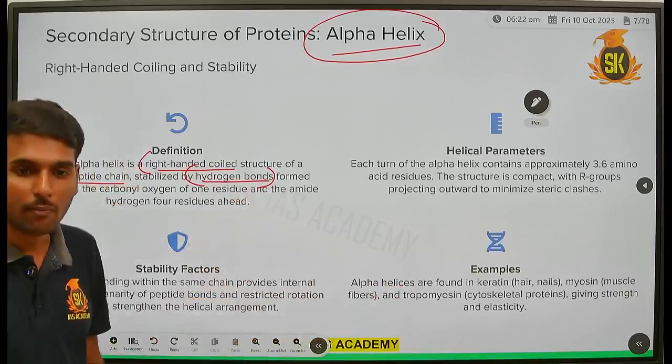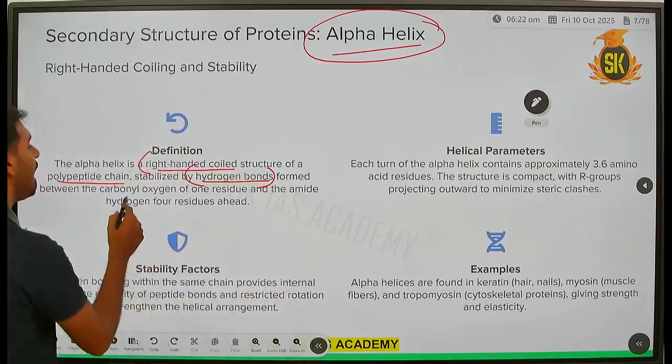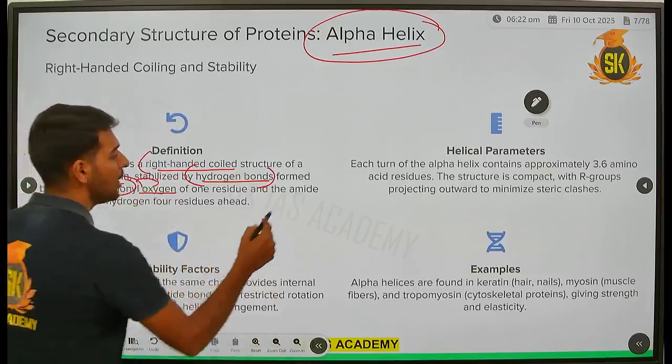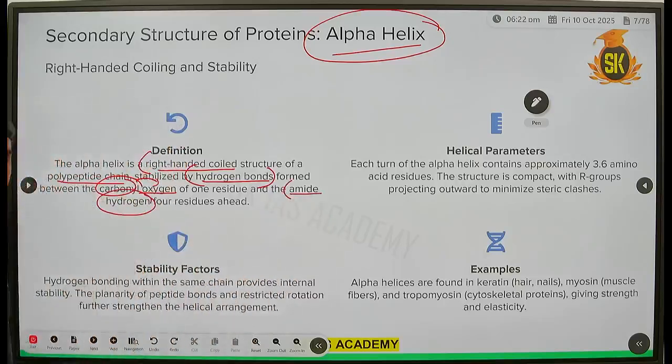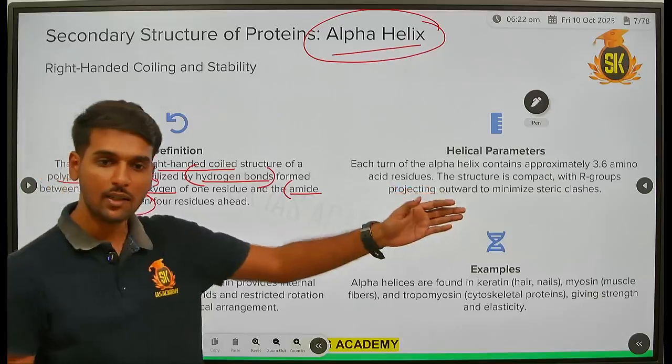Where is the hydrogen bond happening, sir? Hydrogen bond is happening between the carbonyl group's oxygen and the amide group's hydrogen. Okay, carbonyl group means the COO group, right? The COO group at the C terminal.